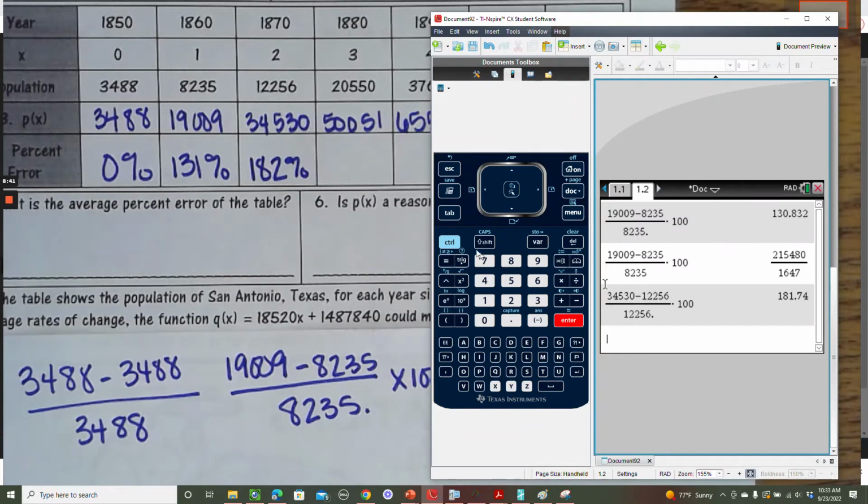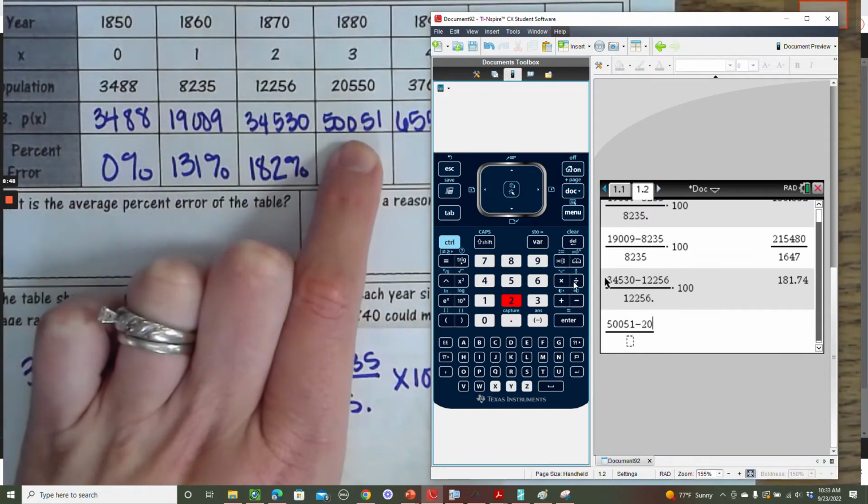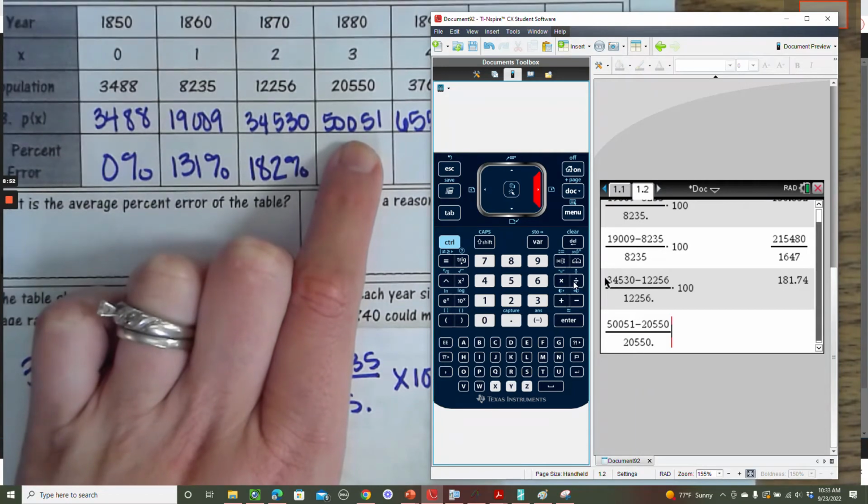All right, so the next one. It is tedious. Welcome to real world data.